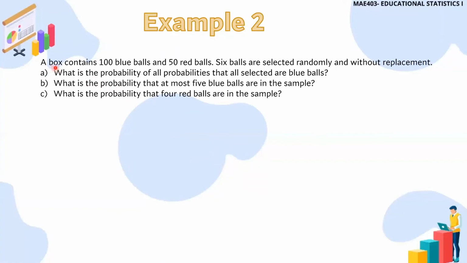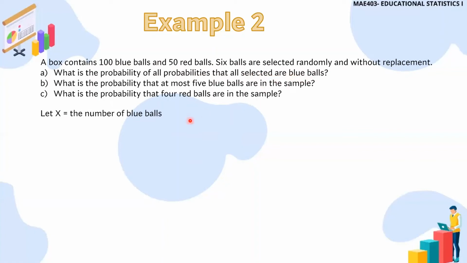Second example: a box contains 100 blue balls and 50 red balls. 6 balls are selected randomly and without replacement. So here, let X be the number of blue balls. This is because the first question asks for the probability that all the balls selected are blue balls.